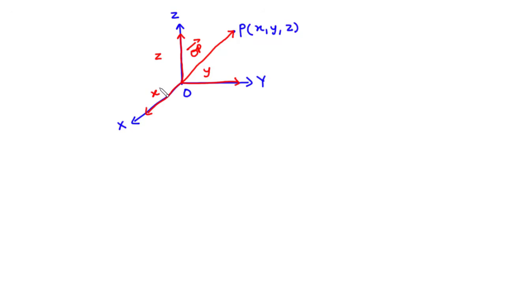Now, since I cap, J cap, and then K cap are said to be the unit vectors along the x-axis, the y-axis, and the z-axis respectively, then by definition, we have the vector OP to be equal to, now P is the terminal point of the vector OP, and then O is the initial point.